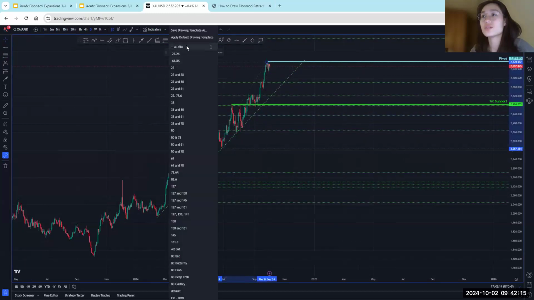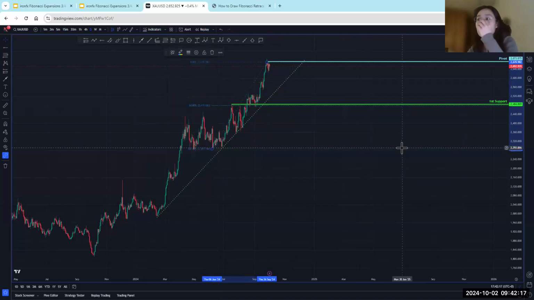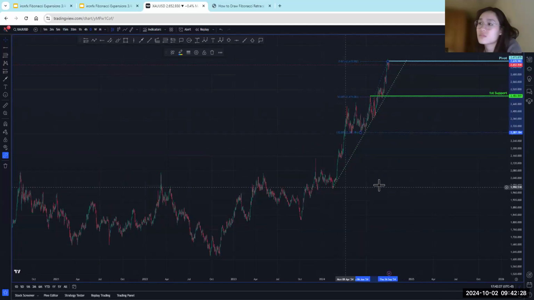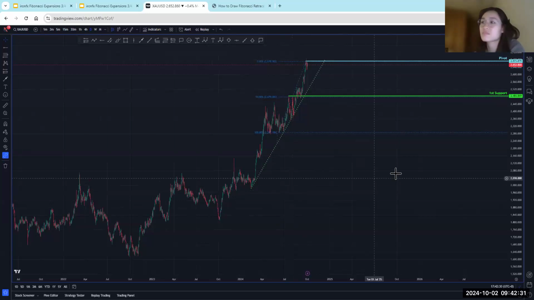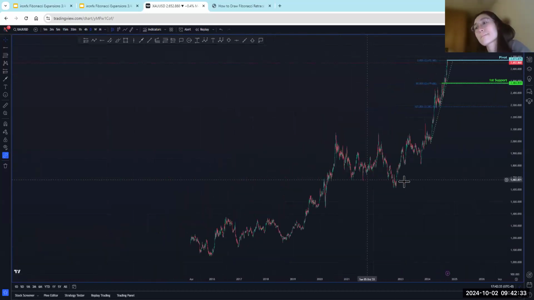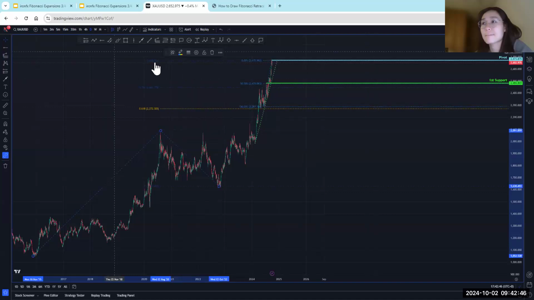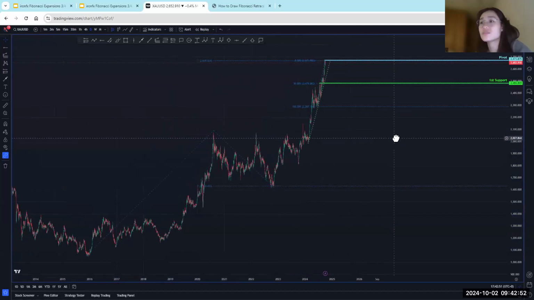Big 50% lines up nicely with our first support. So you can see 100% lines up with our pivot as well.